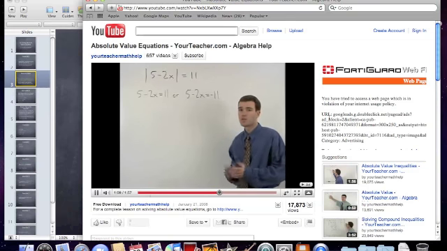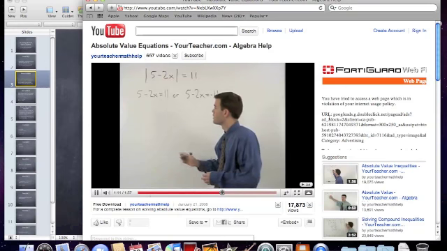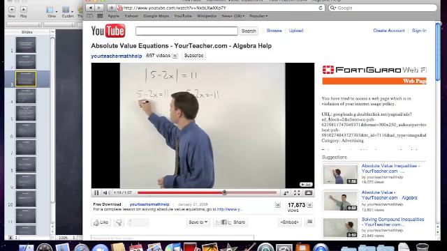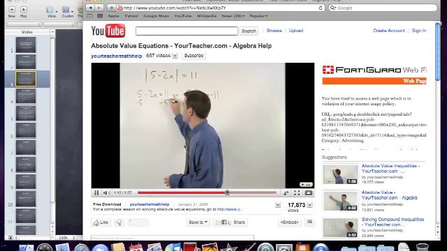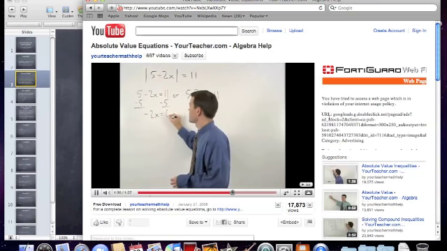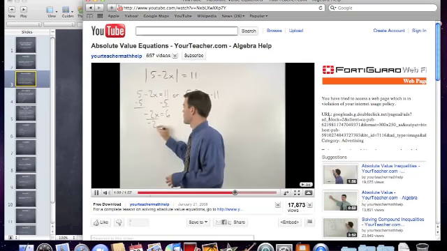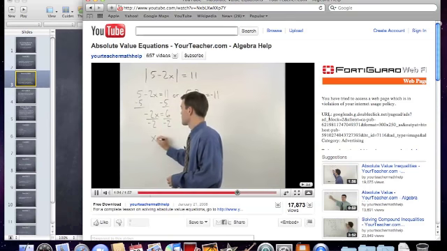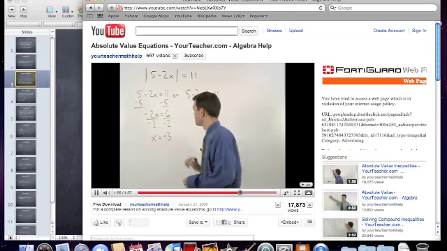Now all we have to do is solve our two equations. On the left, subtract 5 from both sides to isolate the x term, and we get negative 2x equals 6. Divide both sides by negative 2, and x equals negative 3.